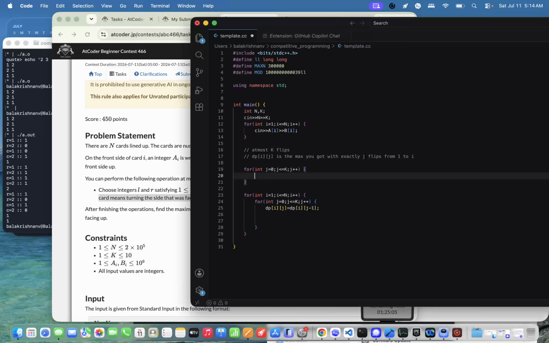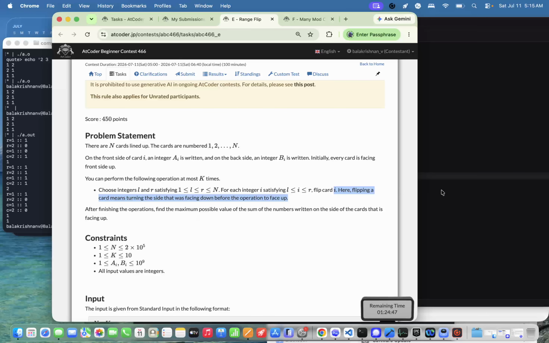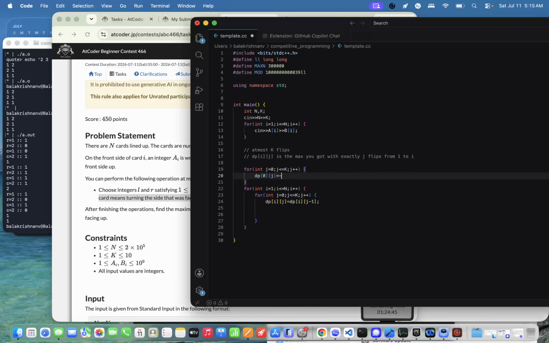dp of 0 j is equal to 0. Or we can do maximum minus inf, let's say dp of 0 0 equal to 0, because that's not possible.